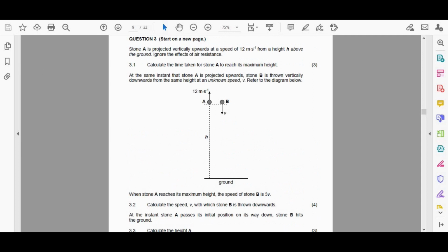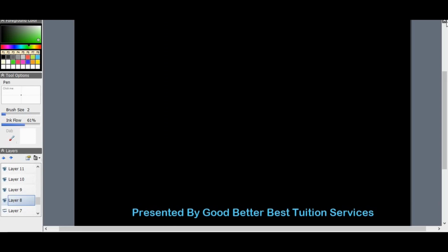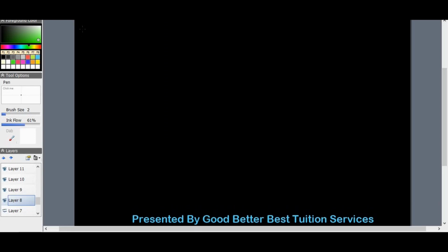So 3.1, let me just date our question paper and get some more space there. This is question 3, November 2017, paper 1, obviously it's grade 12. The question was: calculate the time it takes for stone A to reach its maximum height.